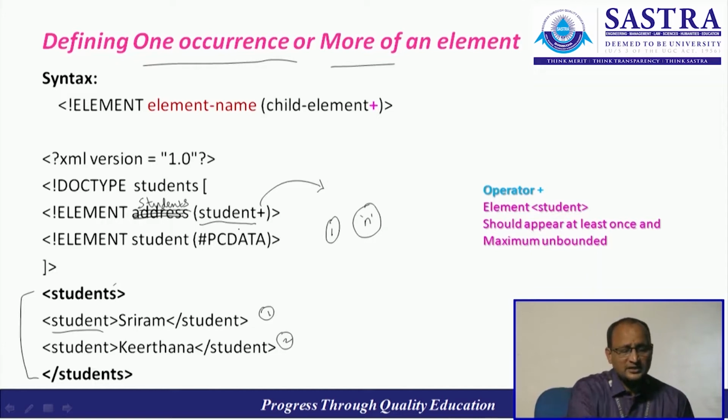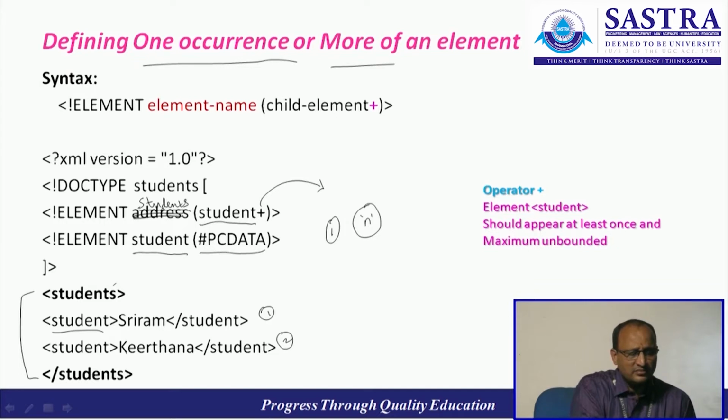After that, we have to provide a detail about student. What is student? Student is a child element. It will be repeated 1 or more number of times and carrying text. Look at here, the same student. I have not changed any structure.